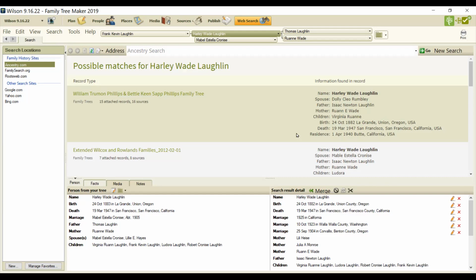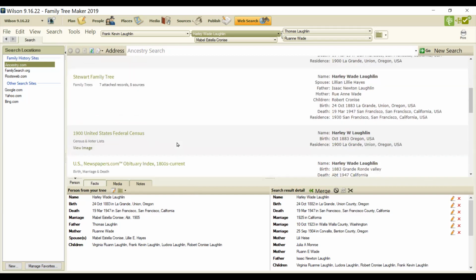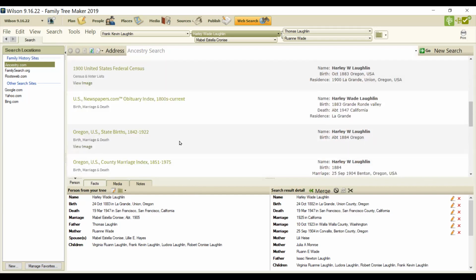So it turns out that I'm going to want both of these people as my links. And I have to figure out how to do that. So a lot of complications in that family. But I can link them to get information.